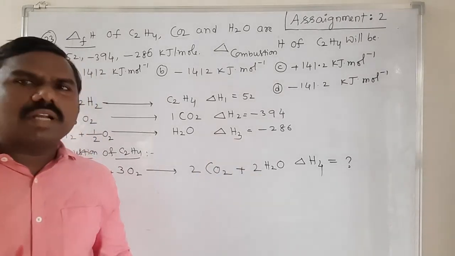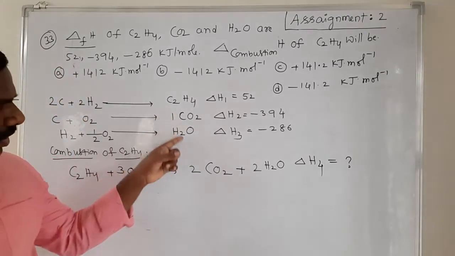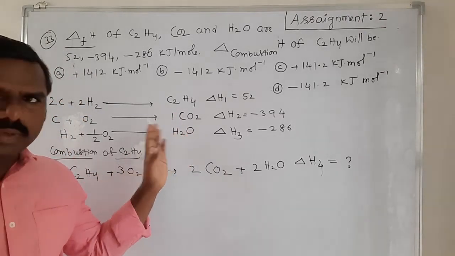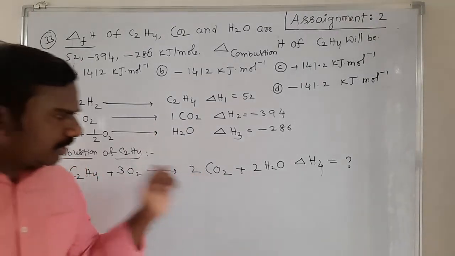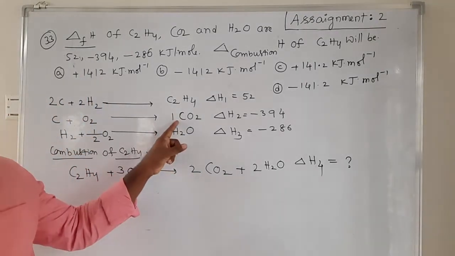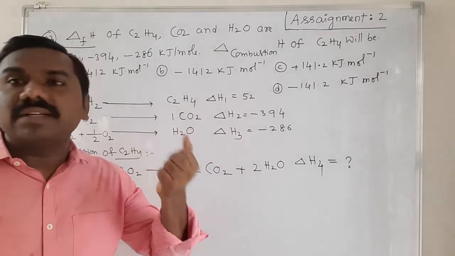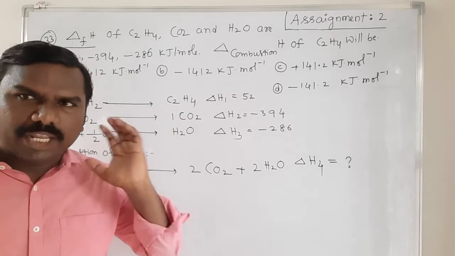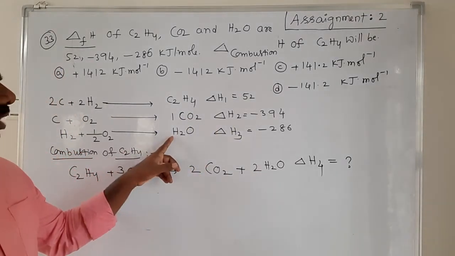CO2 and H2O are on which side? That is the product side. In these two equations also, CO2 and H2O are on the product side only, so they remain the same. 2 CO2 is there, here 1 CO2. That's why equation 2 must be multiplied by 2 and remains the same, no flipping. 2 H2O is there, so here 1 H2O.